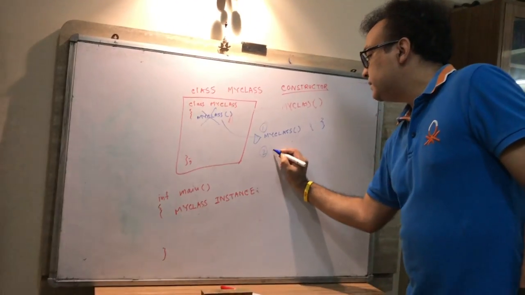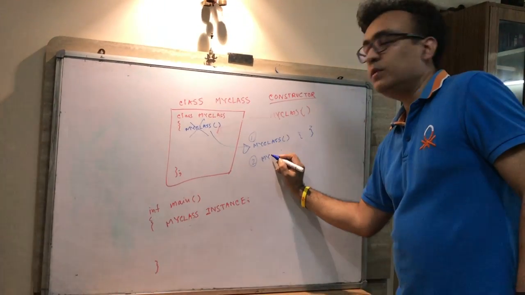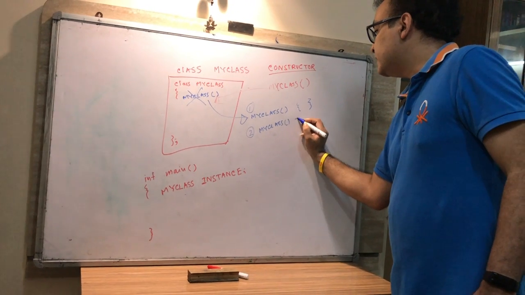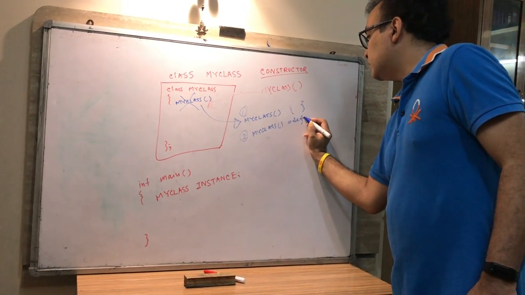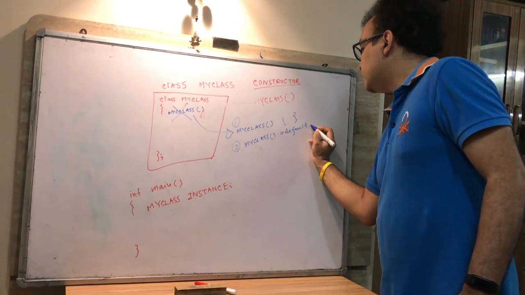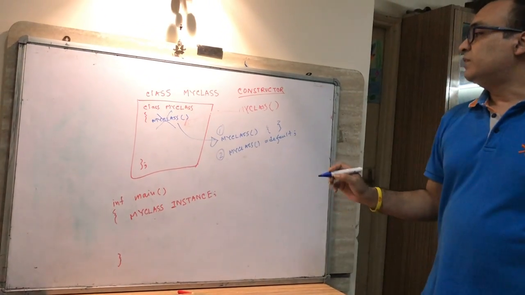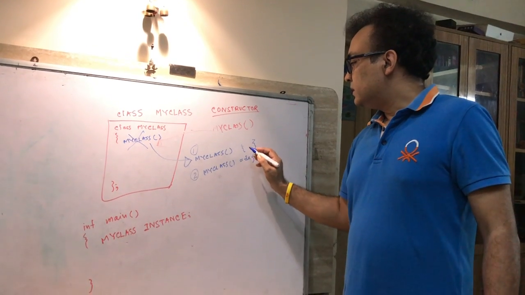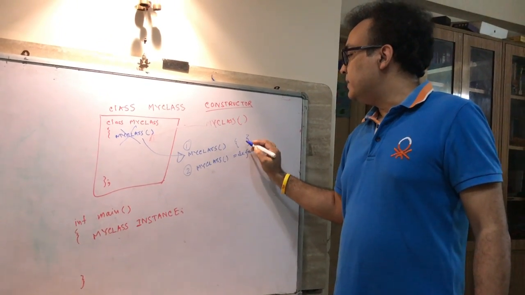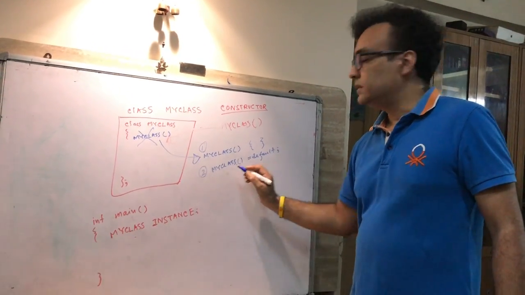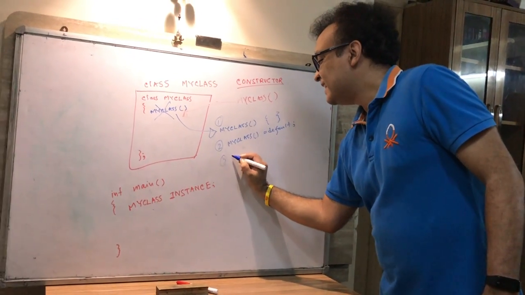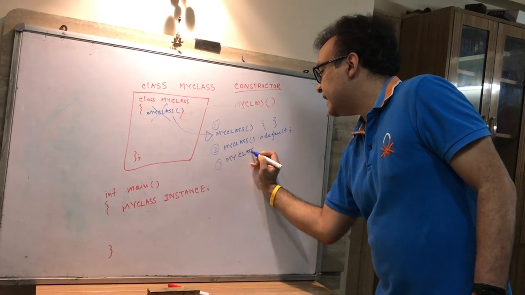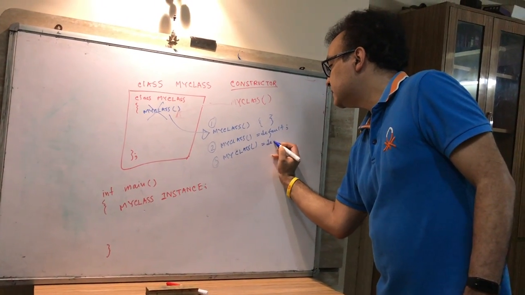The second way, the smarter way, is instead of writing this, you can write it as default. That means you are telling the compiler that this is an explicit default constructor, with the implementation left to the compiler. The third thing is you can write this constructor as delete.